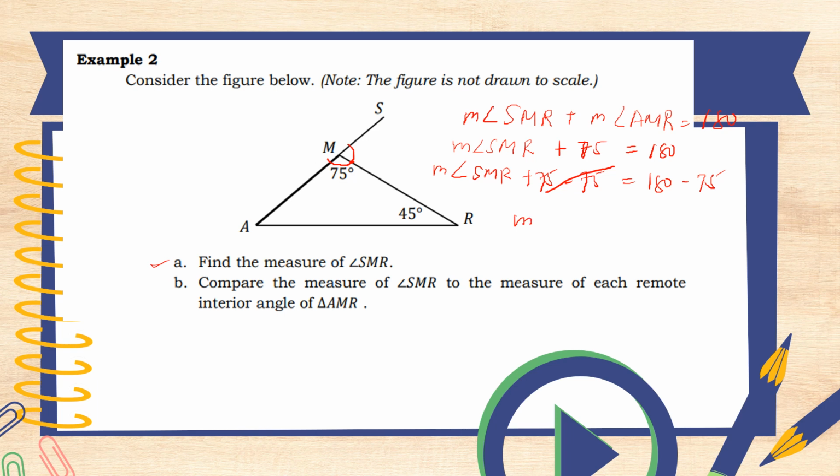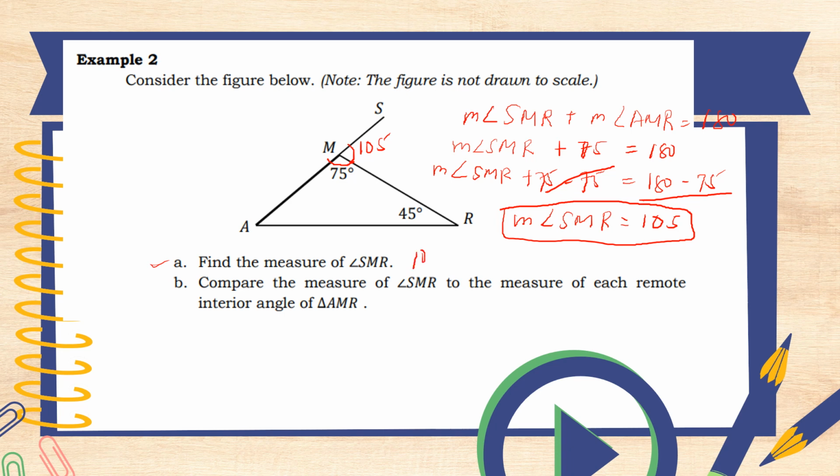So we have the measure of angle SMR equals, by simplifying it, 180 minus 75. SMR is equal to 105. Now we have the value of the angle SMR equals 105.